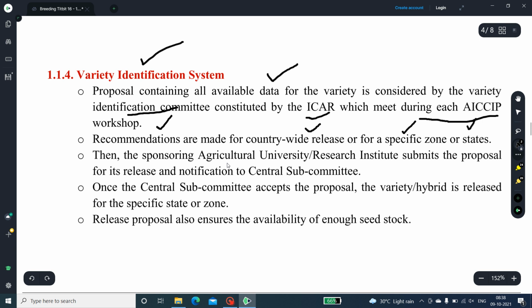Then the sponsoring agriculture university or research institutes submits proposal for its release and notification to central subcommittee. Once the central subcommittee accepts the proposal, the variety or hybrid is released for the specific state or zone or at national level.